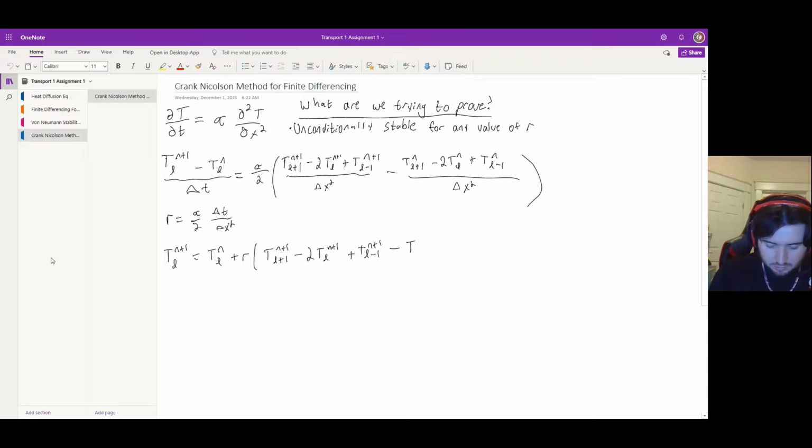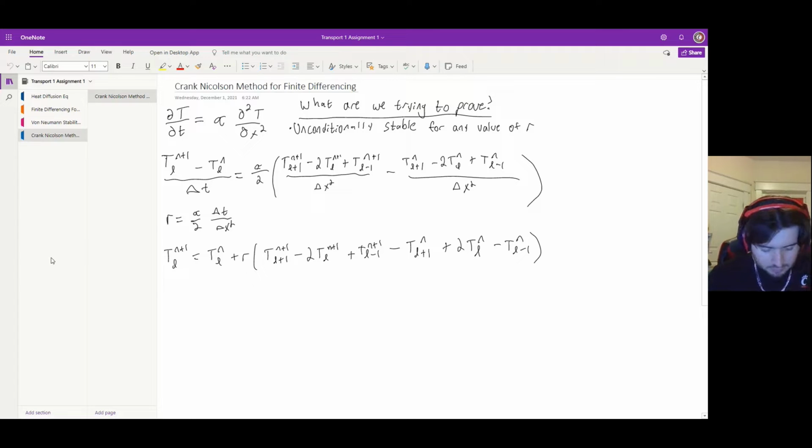So the temperature of our one block to the right at our current timestamp plus 2 for current block at our current timestamp minus the temperature of the block to the left at our current timestamp.